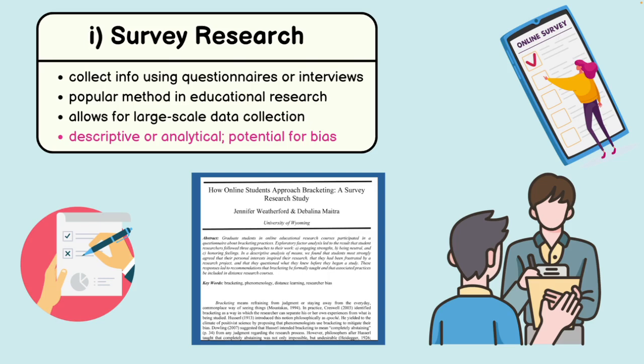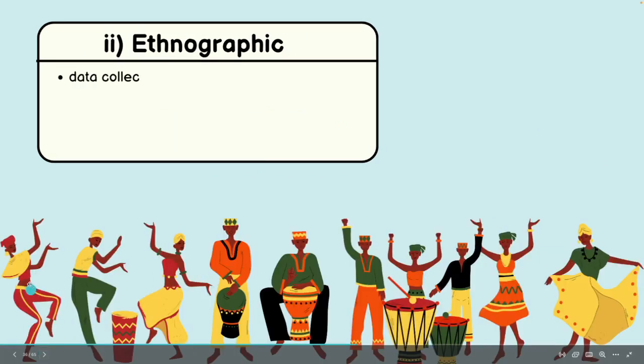And so those are the two different types in terms of the quantitative versus the qualitative type research. And you can use the information collected from survey data for descriptive or analytical type study, but must be aware of the potential for bias because there is always a certain type of person who will respond to a survey and a certain type of person who will not respond to your survey.